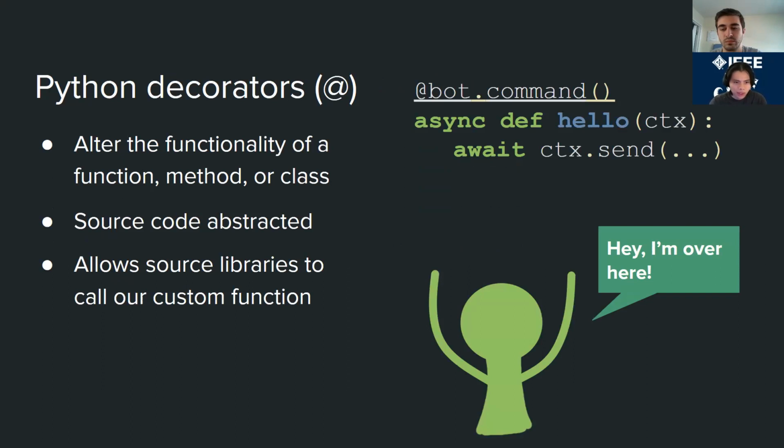So we can assign types of functions to a function we wrote, so that the library knows that the custom function we made, it can call. It allows source libraries to call our custom function. Basically, it's saying, hey, I'm over here. This is a custom function that you can use when you're running code.